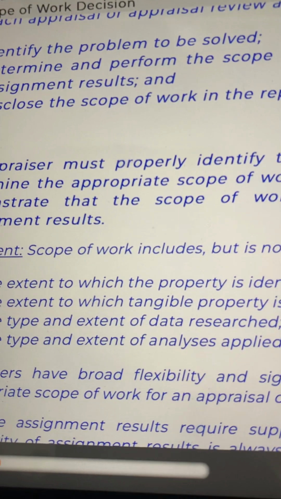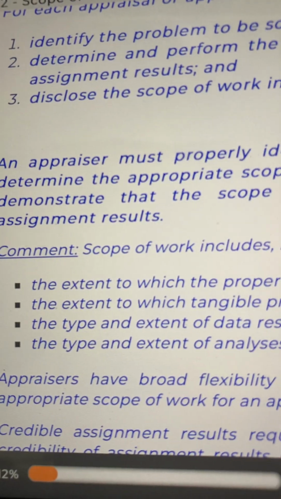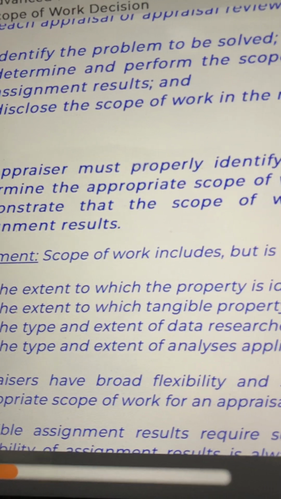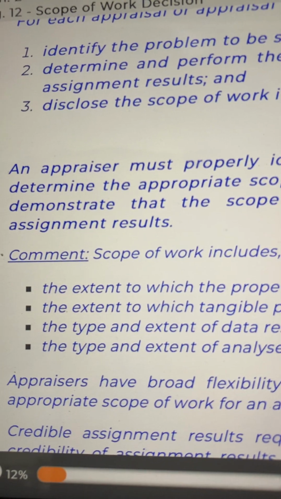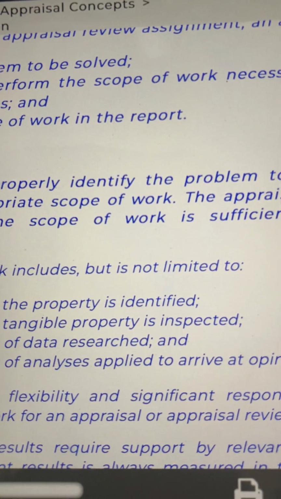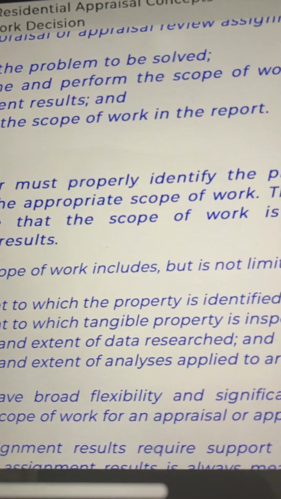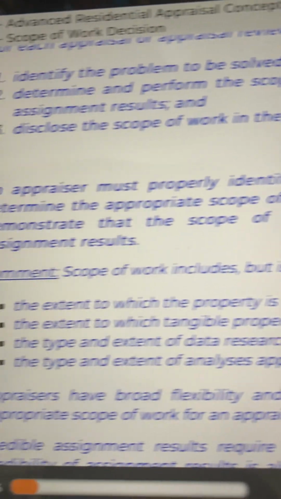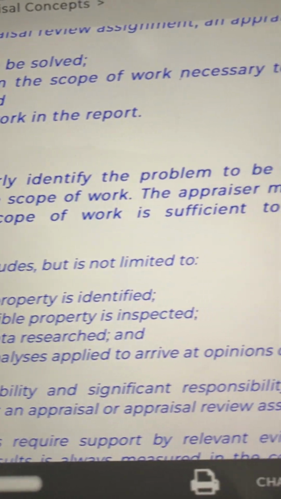Comment: scope of work includes, but is not limited to, the extent to which the property is identified, the extent to which tangible property is inspected, the type and extent of data researched, and the type and extent of analysis applied to arrive at opinions or conclusions.